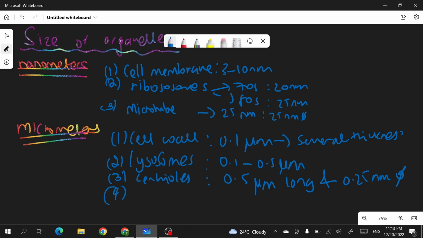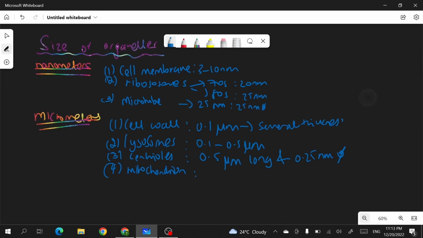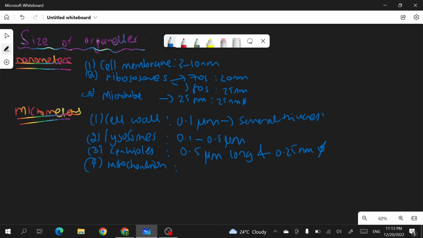Number 4 is the mitochondria, which is 0.5 to 1.5 micrometers in diameter and 3 to 10 micrometers long.